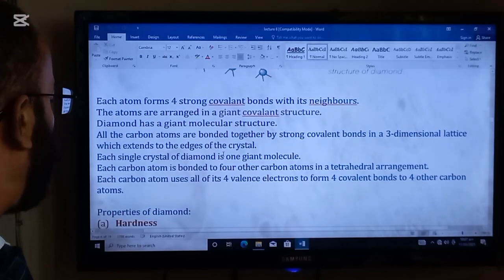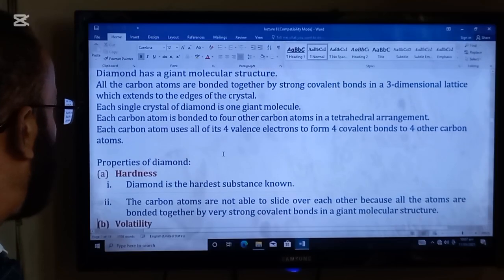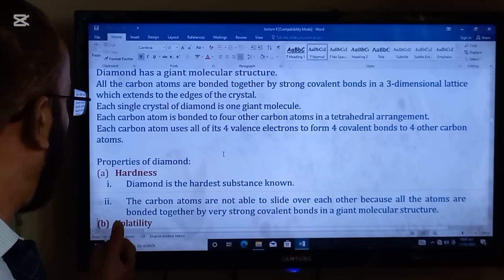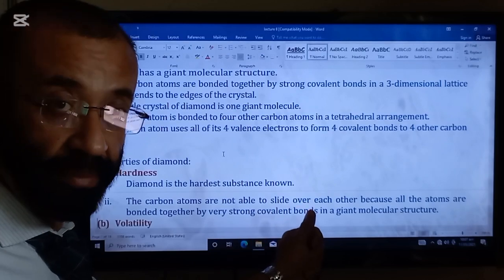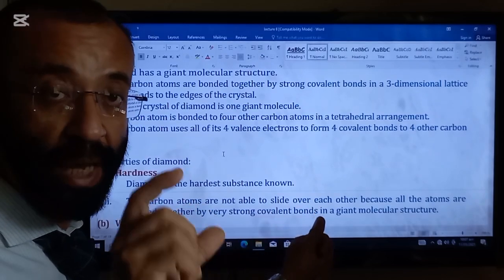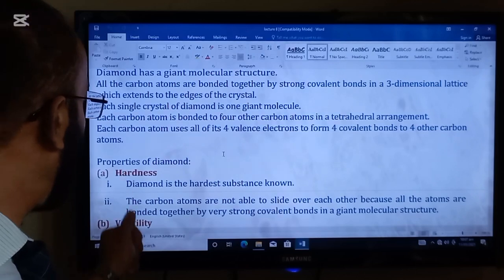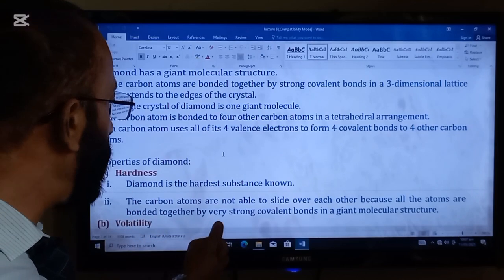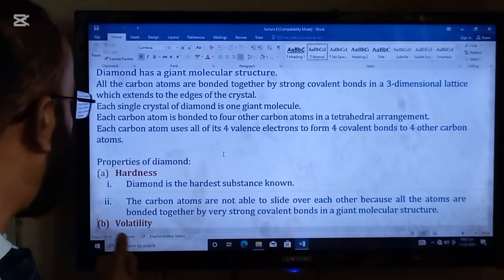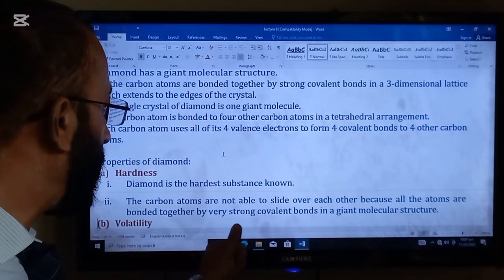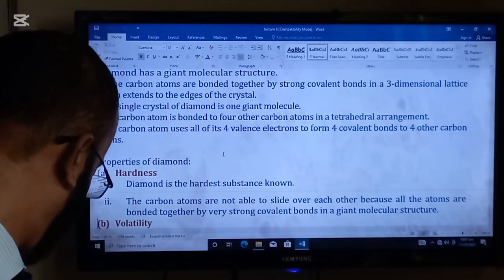Now we are going to read the properties of diamond. First property is hardness. Diamond is the hardest substance known. This is again a very important question as far as MCQs are concerned. The second point about hardness is that the carbon atoms are not able to slide over each other because all the atoms are bonded together by very strong covalent bonds in a giant molecular structure.